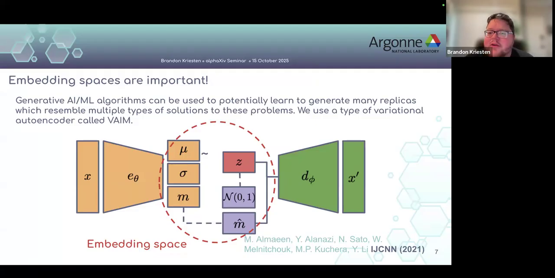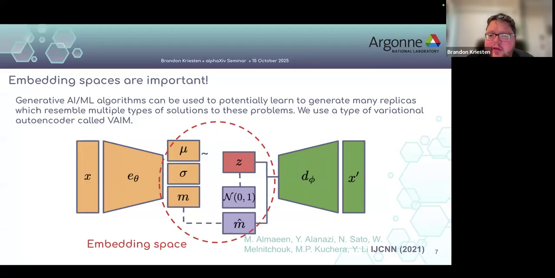But it's also a very powerful and robust tool, even still in this world of transformers and foundation models, for instance. Generative AI algorithms give us the potential to generate many different replicas which resemble the multiple types of solutions that can occur in these types of problems.